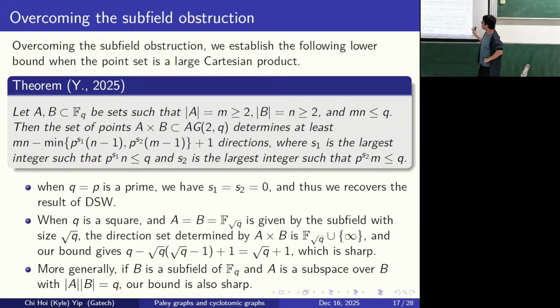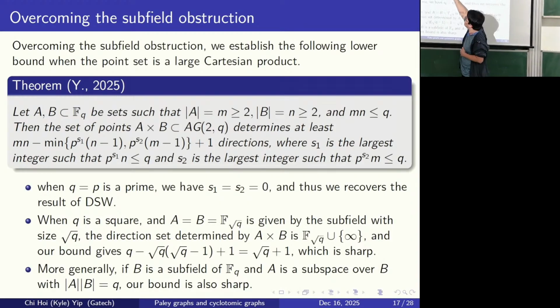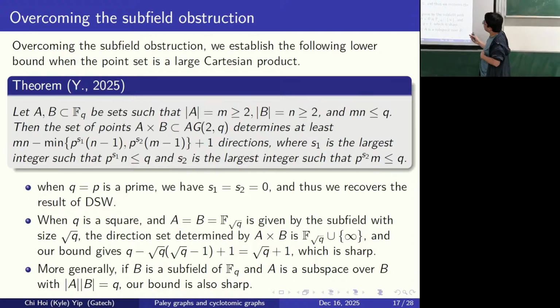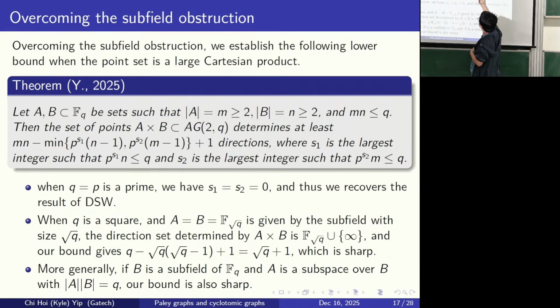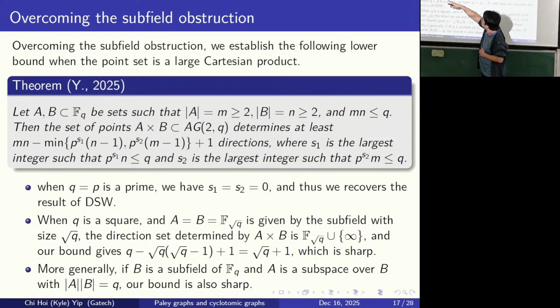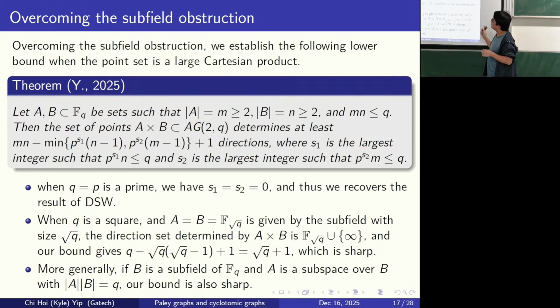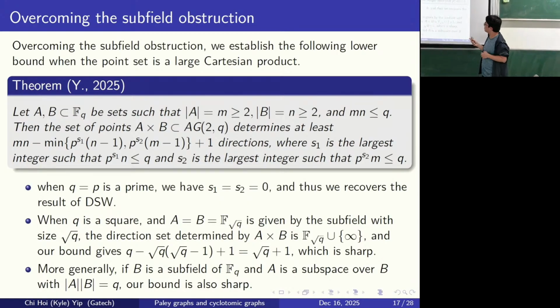But essentially, what happens is that as long as this point set is large, and we have some technical assumption on the size of the sets A and B, then we can still show the number of directions is roughly as large as the point set.